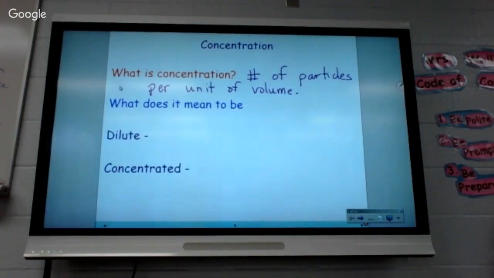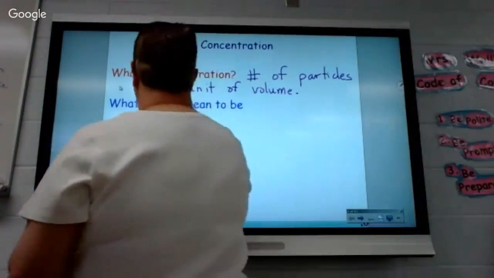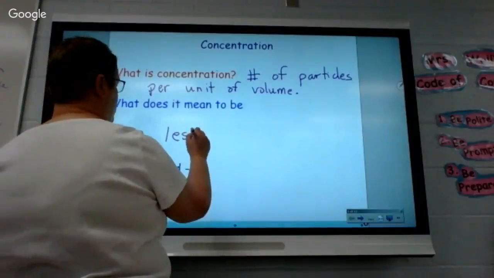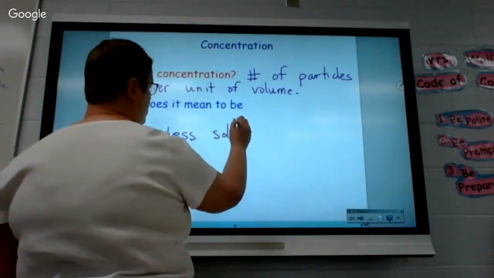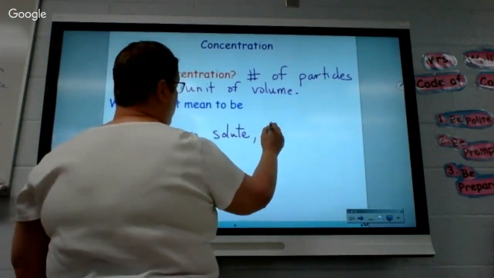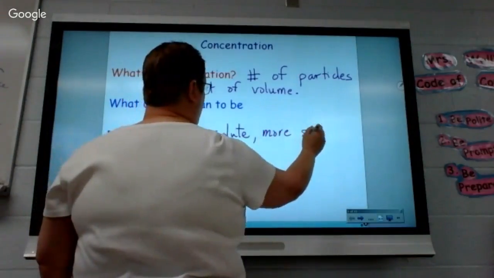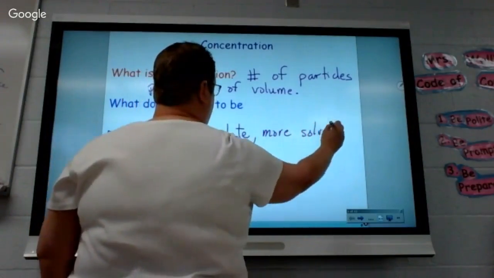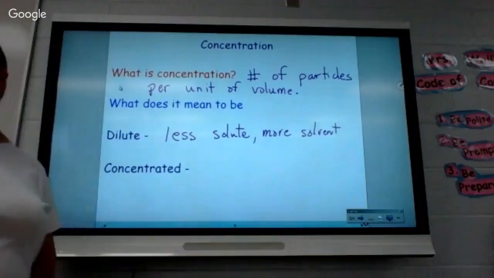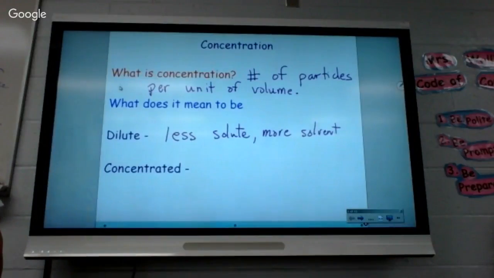The ones that you used Monday in lab were pretty dilute. So what did you have more of? Something that is dilute has less solute and more solvent.